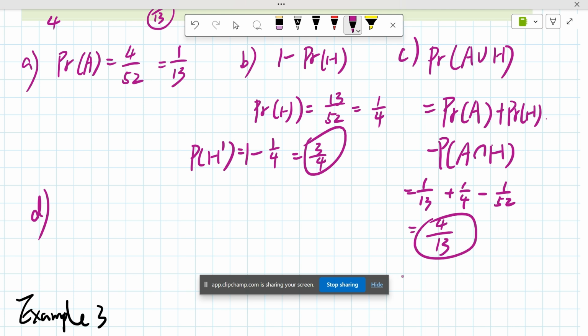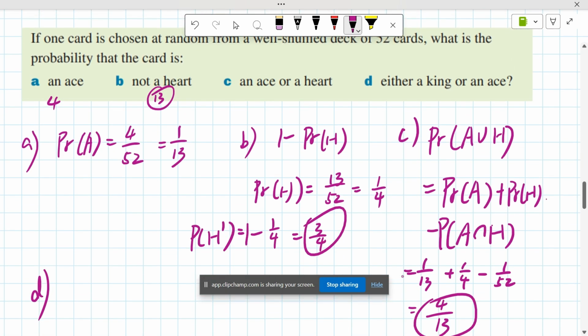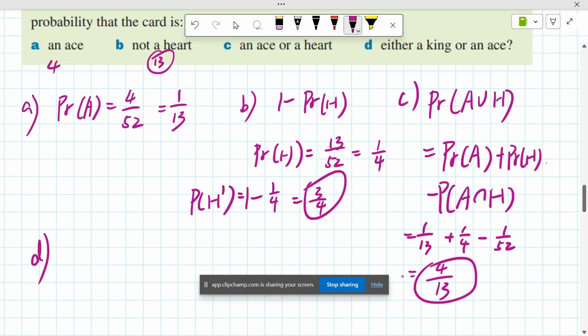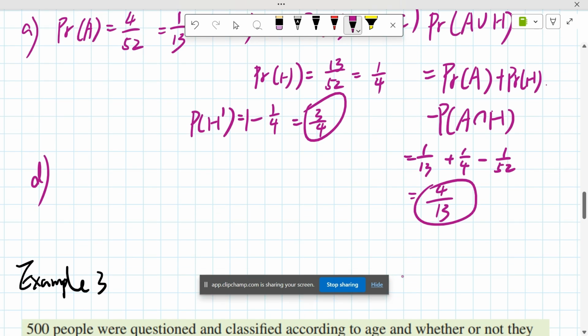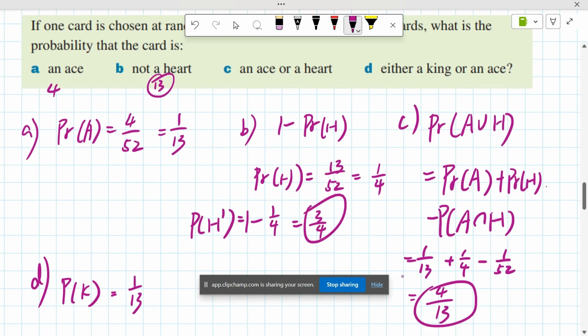Question D. So either a king or an ace. We let probability of K first. So probability of K equals 1/13.